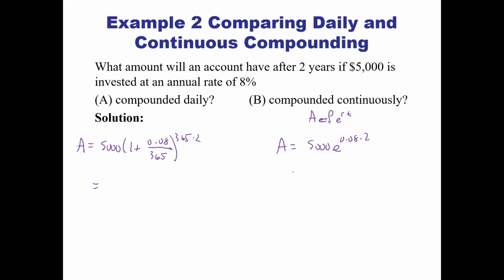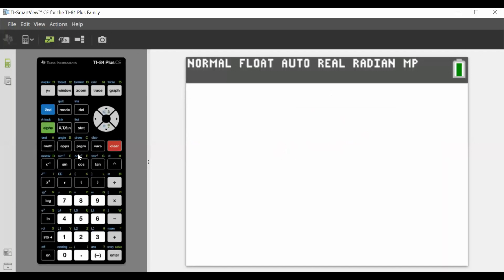So now we've got 2 calculations to run. Let's clear that out so we can remember. We had 5,000 times 1 plus 0.08 over 365, raised to the power 365 times 2 years.